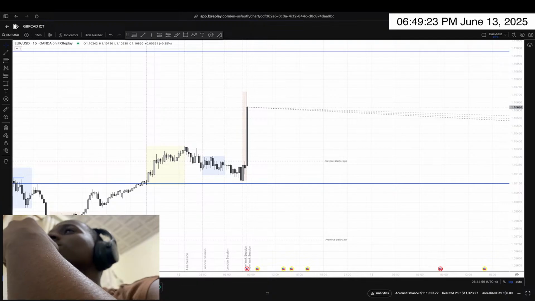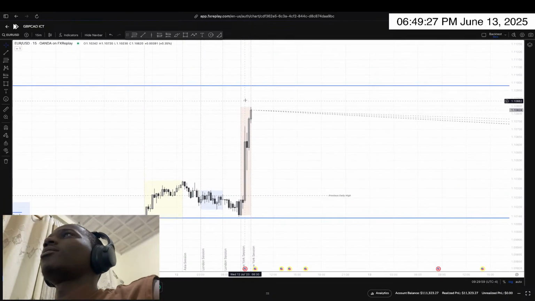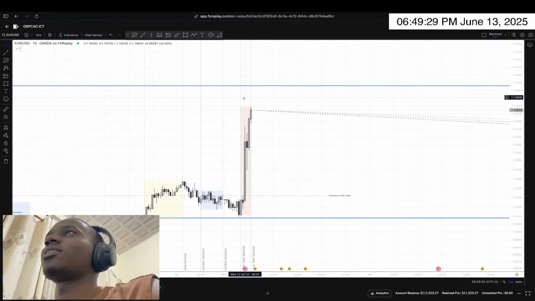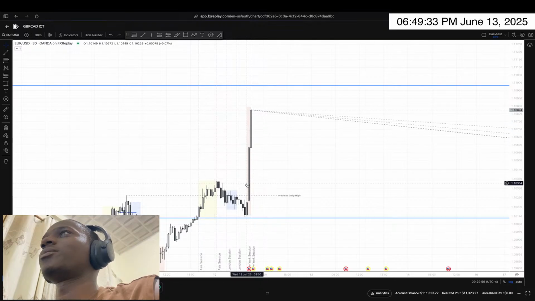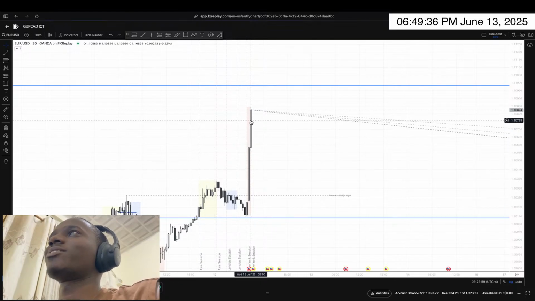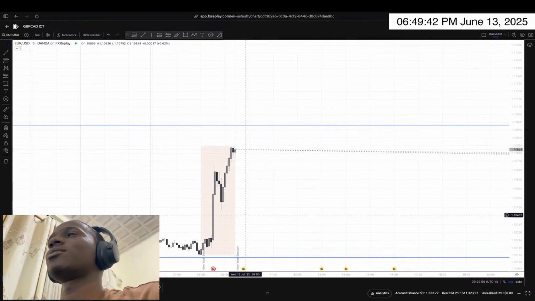So these were some news. But you can see that we are about to reach the targeted buy side liquidity. If we would have found an entry, then we would have taken it. But this is a really good proof that liquidity is there in the market and it's to be found at all costs.